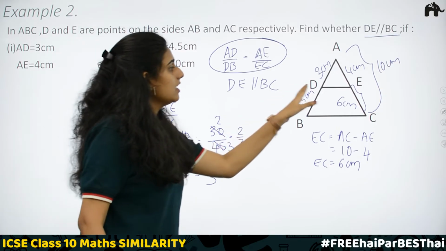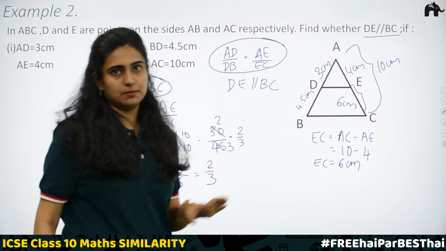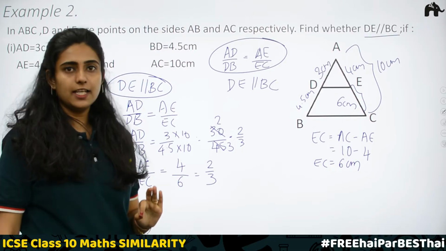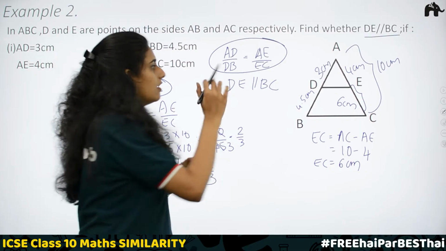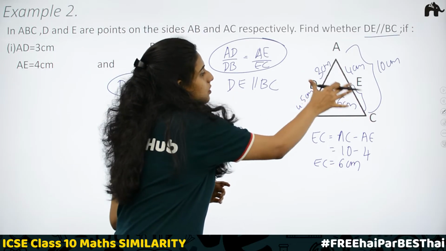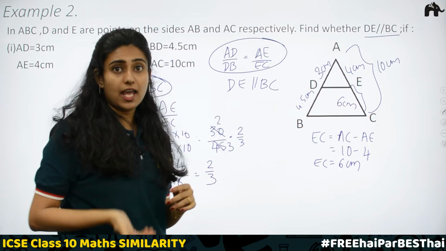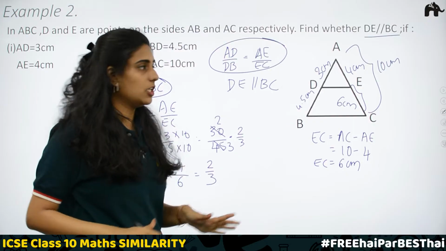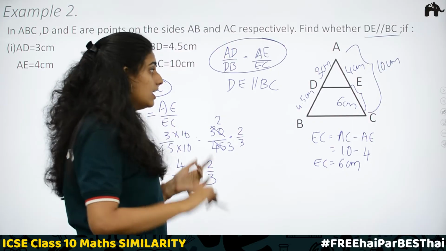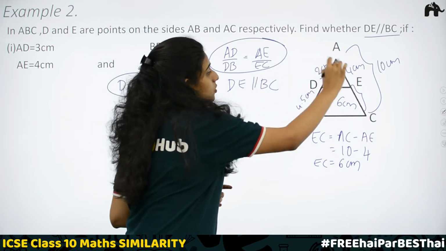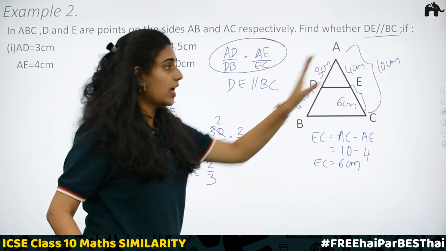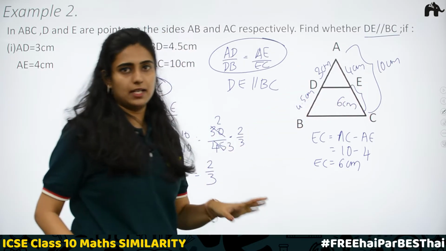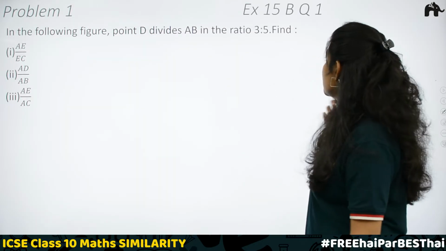Then DE will be parallel to BC. Clear? In the previous question, it was given that the two lines are parallel. We had to show they are divided in the same ratio. Here we have shown that they are in the same ratio and hence the lines are parallel.